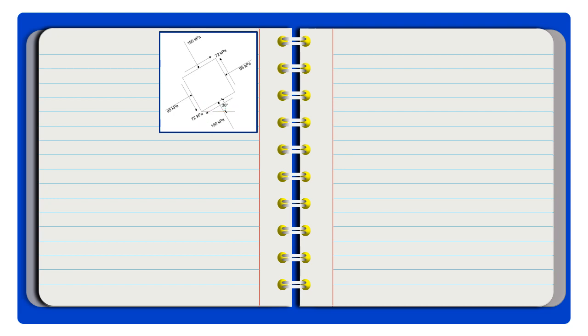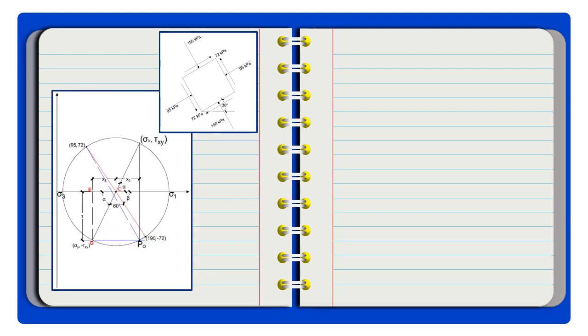So, to do it in our Mohr's circle, kakailanganin natin yung radius na nakakonect from center of the circle to the coordinate 190 and 72 kilopascal na shear stress. Kasi yun yung magiging reference point for our clockwise rotation since galing yan dito sa plane nung given natin na element. So, we have to rotate.